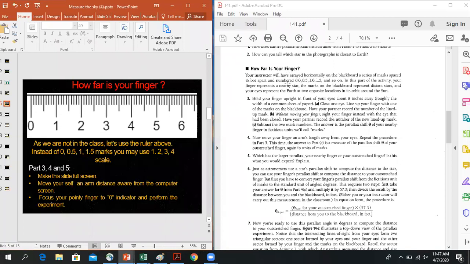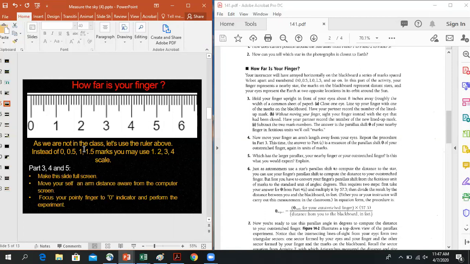Then what you're going to do is hold your finger upright in front of your eye, about 8 inches away from your eye, and close one eye. First close the left eye and align the thumb to one of the numbers, let's say 1 or 0.